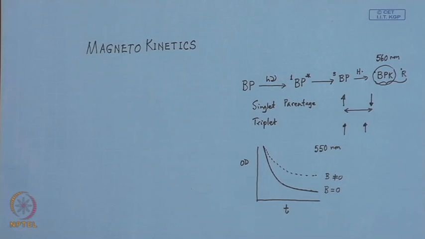In the presence of an external magnetic field, something is happening so that this decay is getting affected. Magnetokinetics is a branch of chemistry known as spin chemistry, where we deal with electron spins.